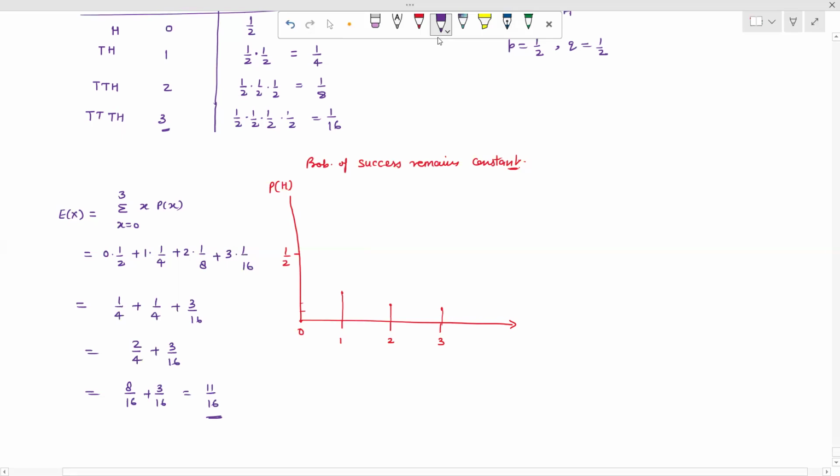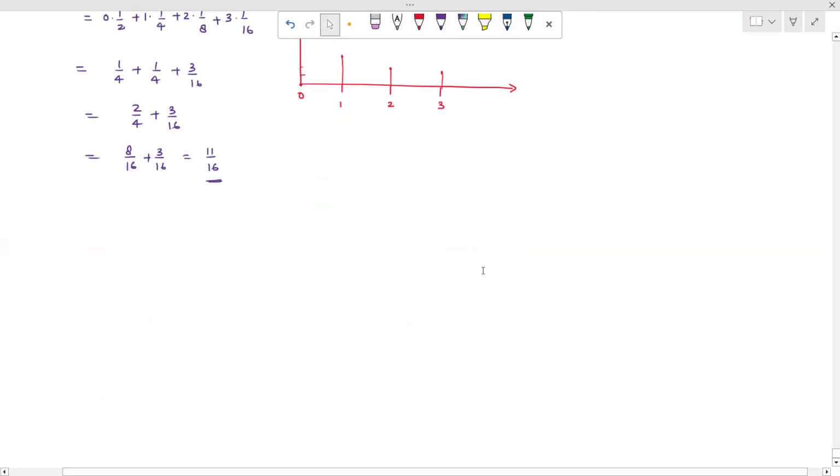Now, we can explain the geometric distribution.